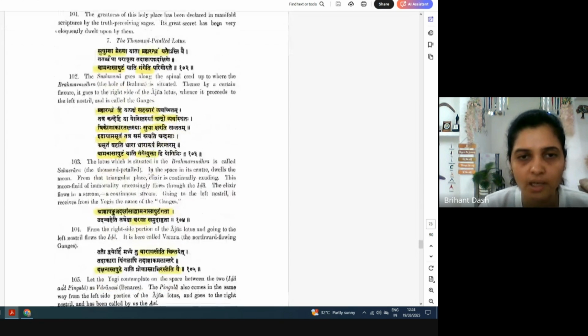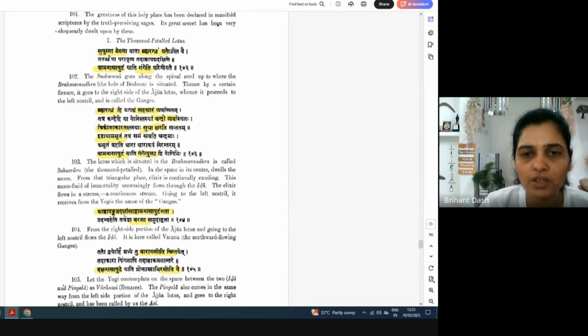Another shloka will come: Brahmarandre Yat Padma Sahasrara Vyavasthitam. In that Brahmarandra, Kapala Goharam, above that, you have your Sahasrara Chakra. Here only lies your Chandra, in the shape of a trikona, the reverse triangle, reverse because it is ulta. From here your piyush is generated and flows down. Ida Amrita.